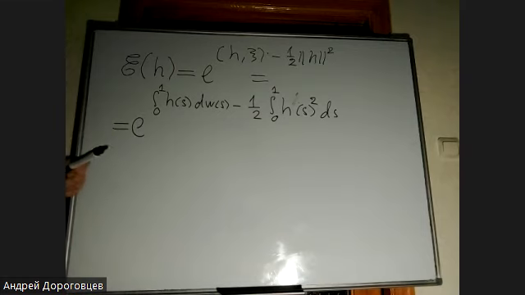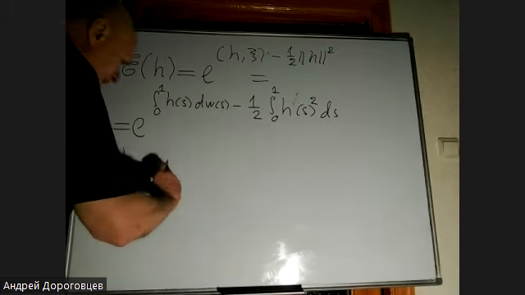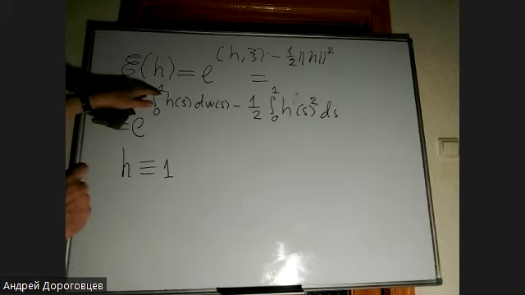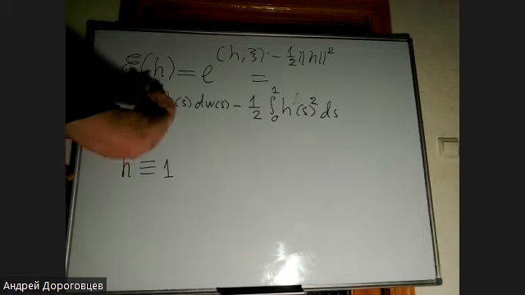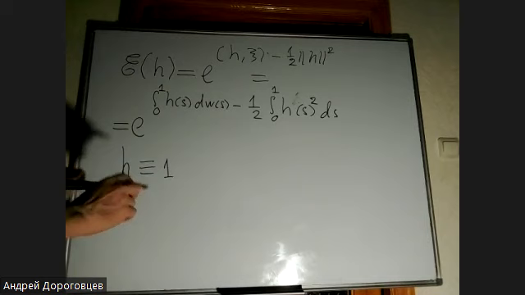Let me do this in a very simple particular case. First of all, I will suppose that h is identically equal to 1. And I will write this formula when here I have the integral from 0 to t.